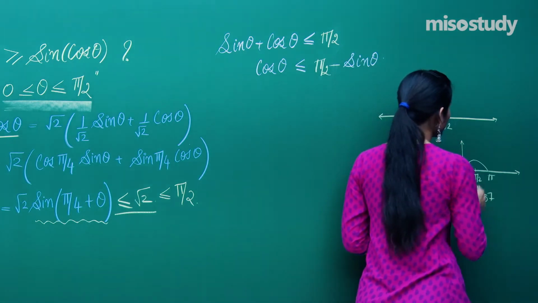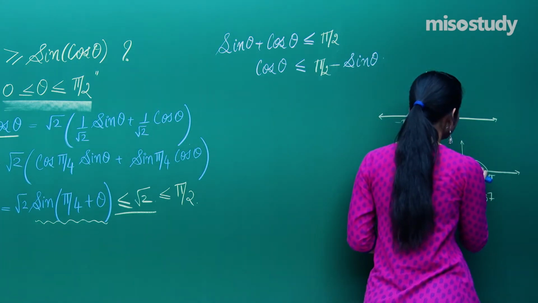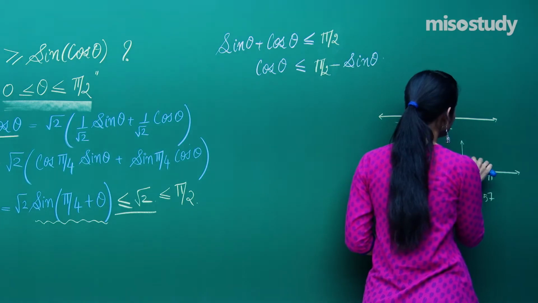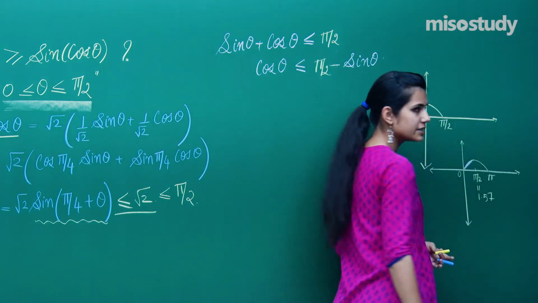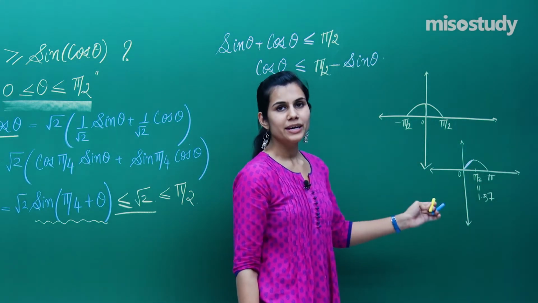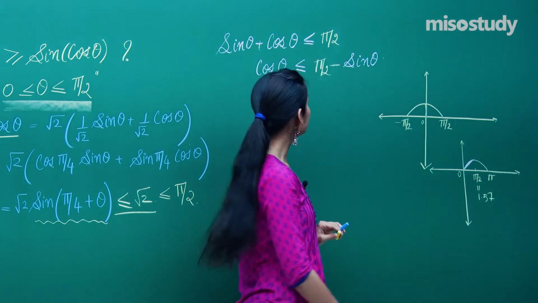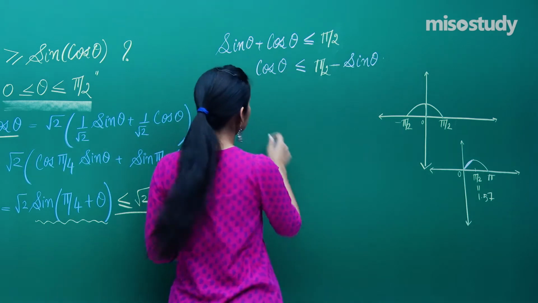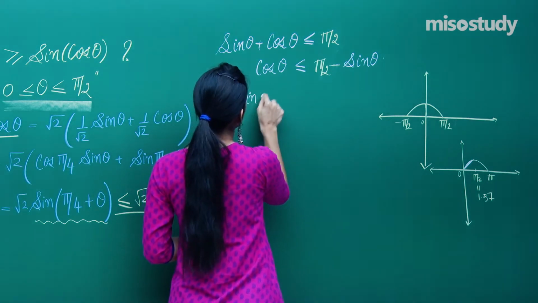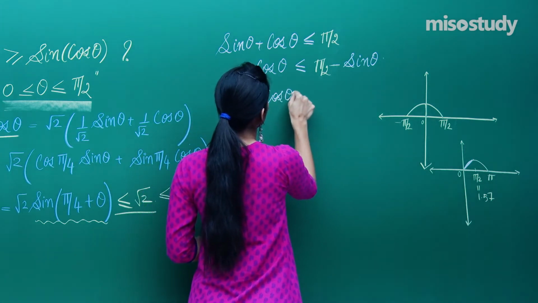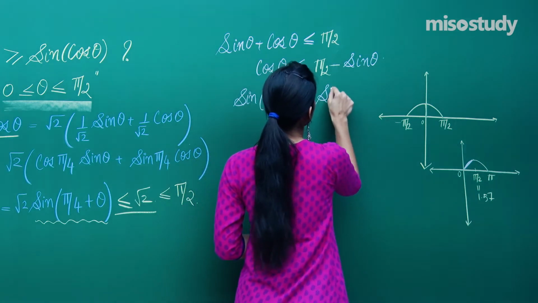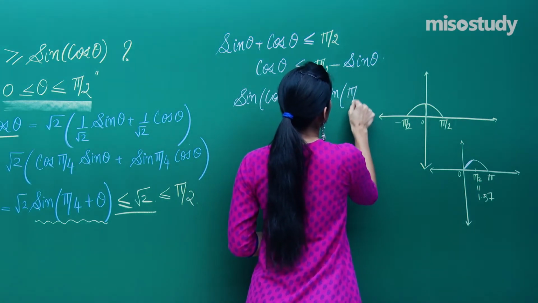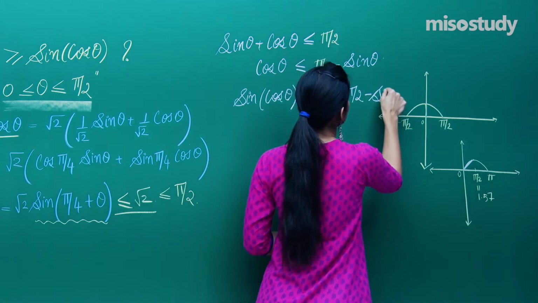In the range of 0 to pi by 2, sine theta is an increasing function. See, from 0 to pi by 2, sine theta is an increasing function. Therefore, if cos theta is less than or equal to pi by 2 minus sine theta, therefore, sine of cos theta is less than or equal to sine of pi by 2 minus sine theta.